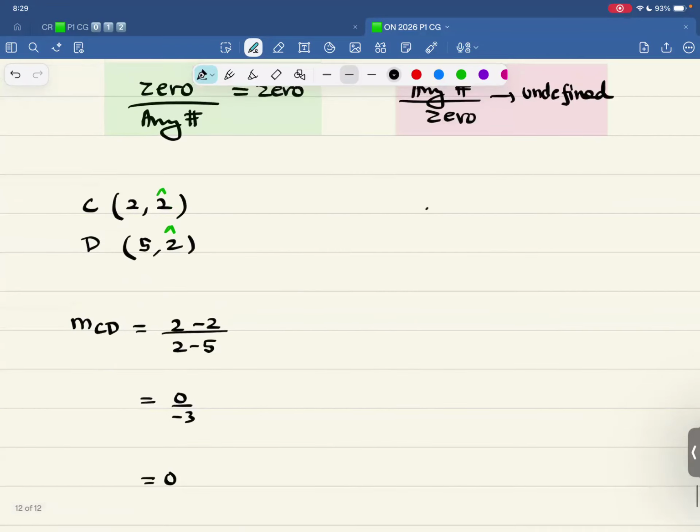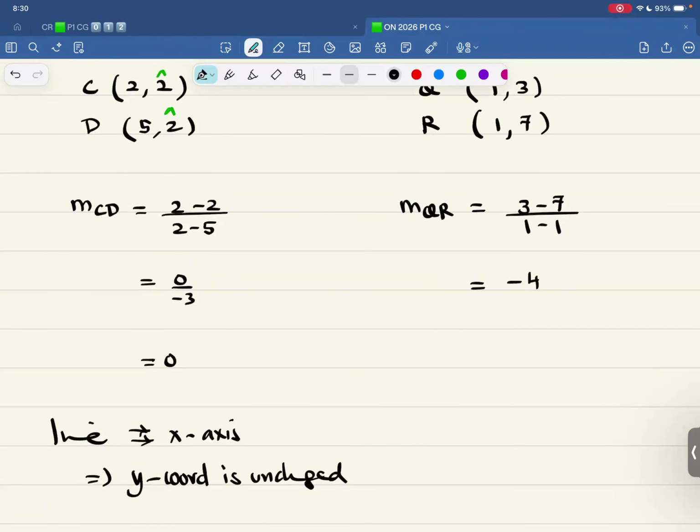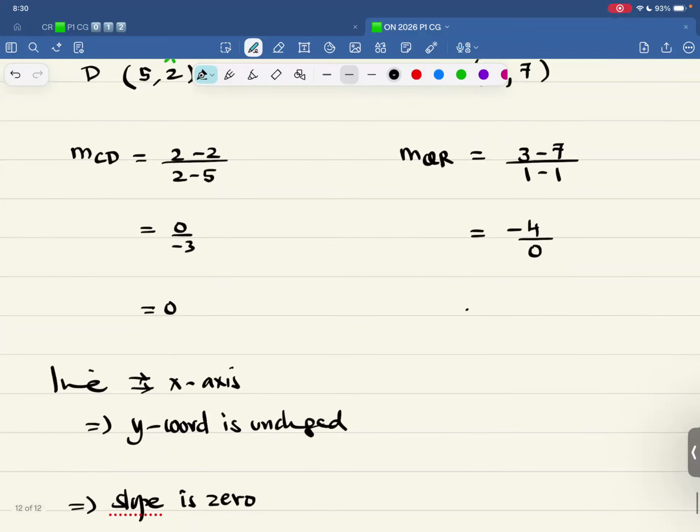For example, I have a point Q and a point R. The points are (1, 3) and (1, 7). So the gradient of QR is the change in y, which is (3 minus 7) over (1 minus 1), which is negative 4 over 0, which is undefined. You cannot define it.